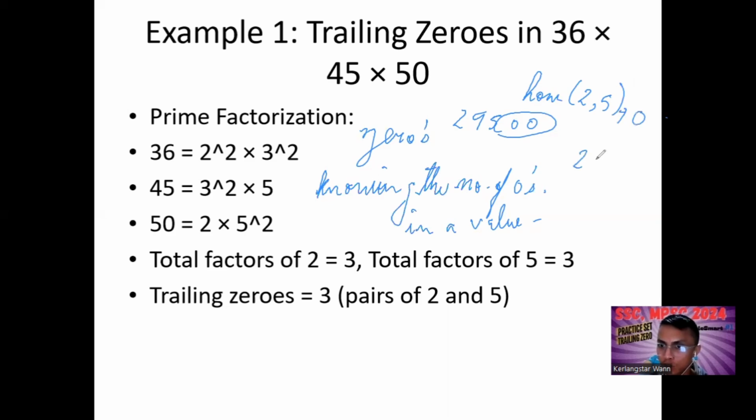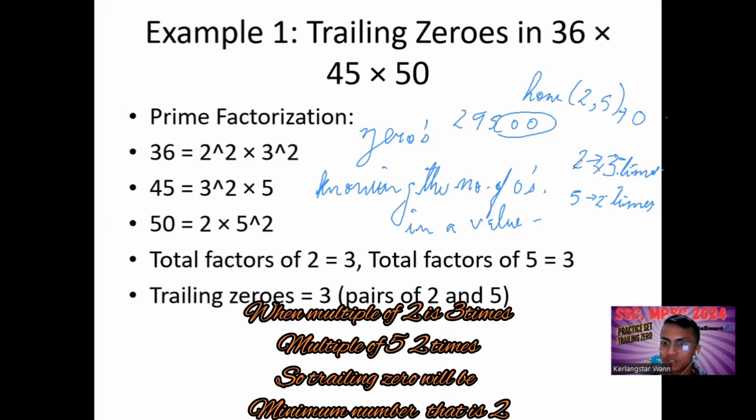Suppose 2 has got a multiple of 3 times, and then 5 has got a multiple of 2 times. So how many times can they form a pair here?